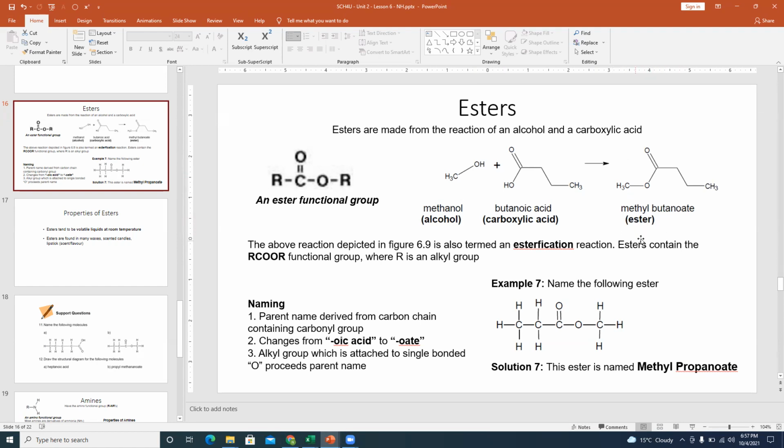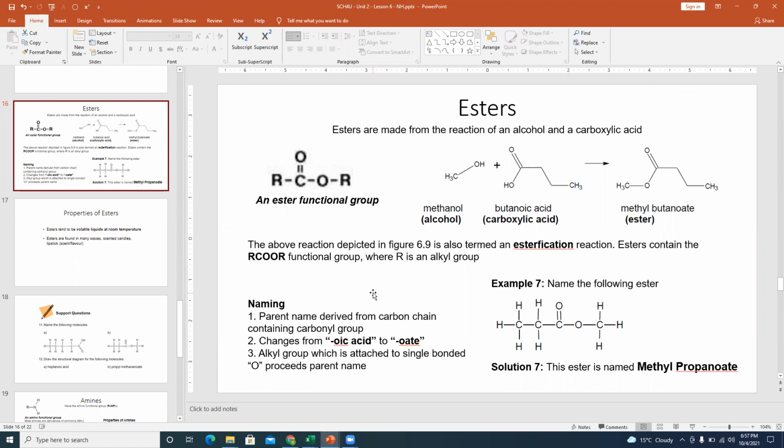And this ester is called methyl butanoate. The reaction shown in this figure is also termed an esterification reaction because it produces an ester. And esters have what we talked about up here, an RCOOR functional group, where R is the alkyl group, the alkyl chain.